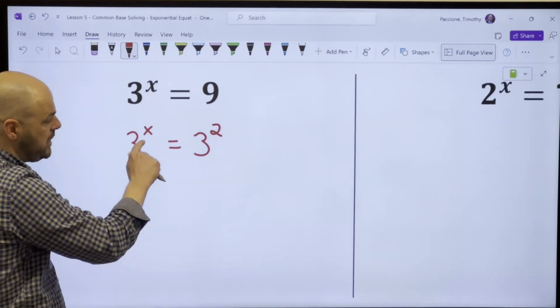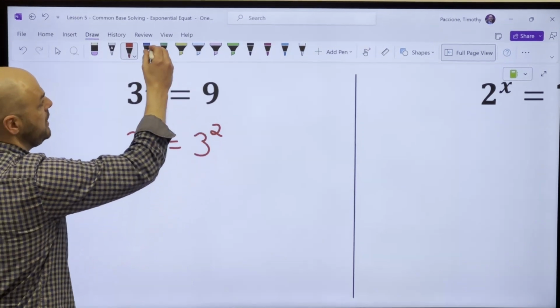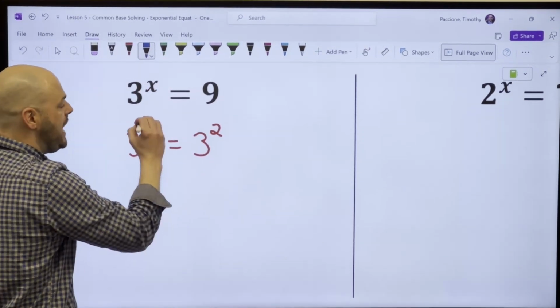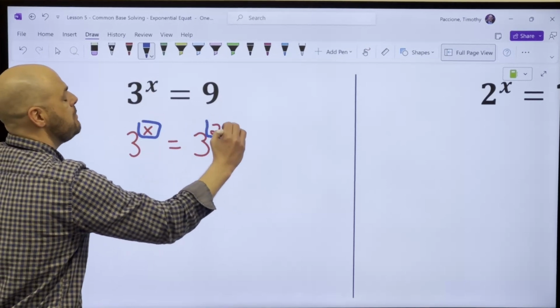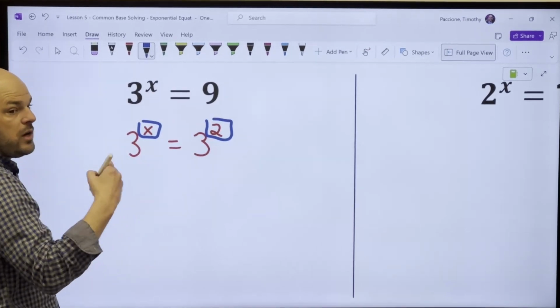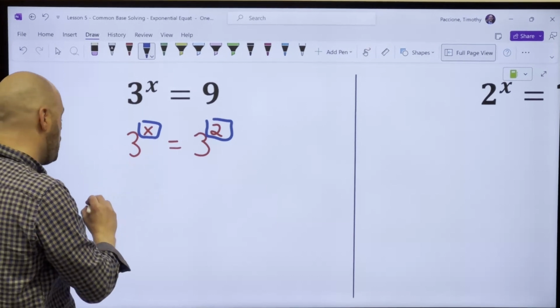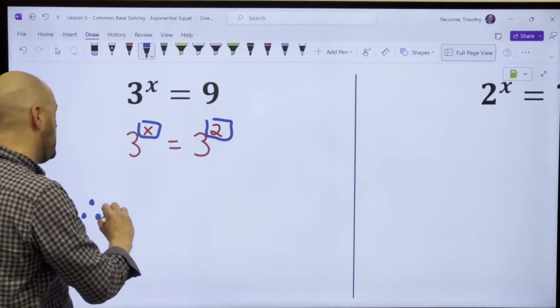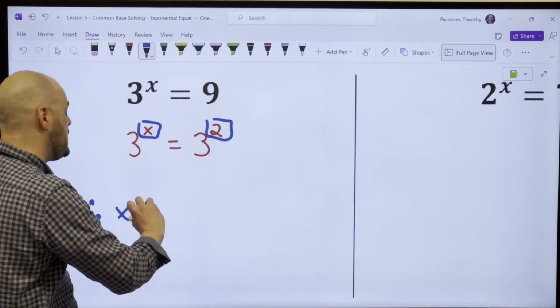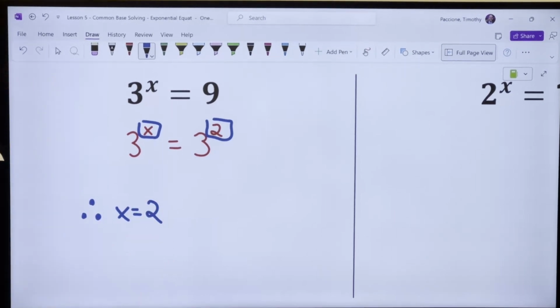And if this is 3 to the something and this is 3 to the something, and that's all that's on both sides, don't these things have to be the same thing? Yes. So therefore I know for a fact, just by thinking it through, I haven't really done any solving other than to use my brain and say, I know it must be 2, right? And these 3 dots just mean therefore. Therefore, it must be 2, okay?